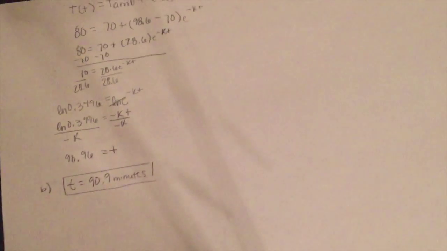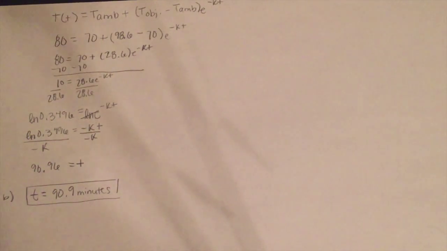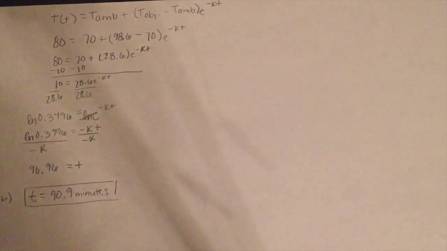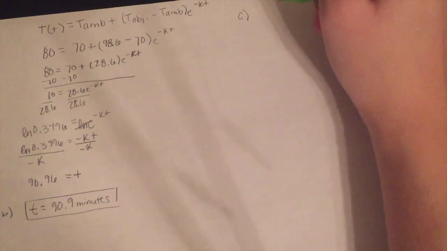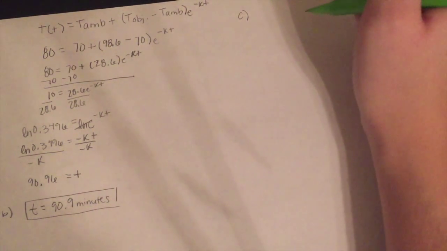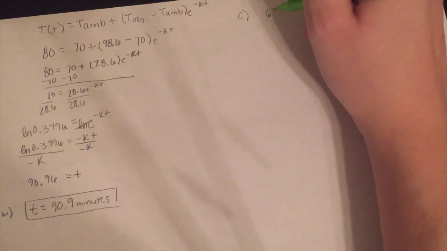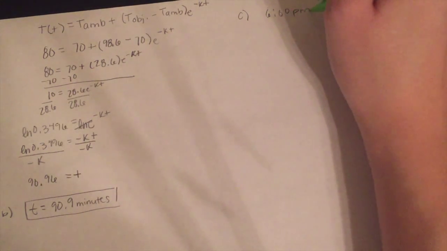Now that we know the time that elapsed from the time of discovery to the time of death, we can figure out the approximate time that Mr. Fees was killed. So here's part C. The body was discovered around 6 o'clock p.m., right?